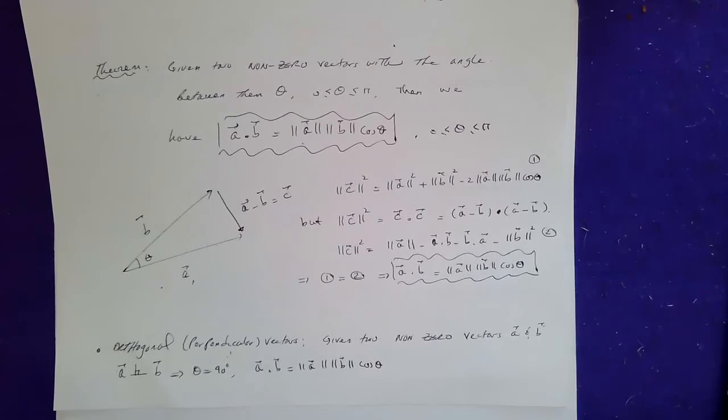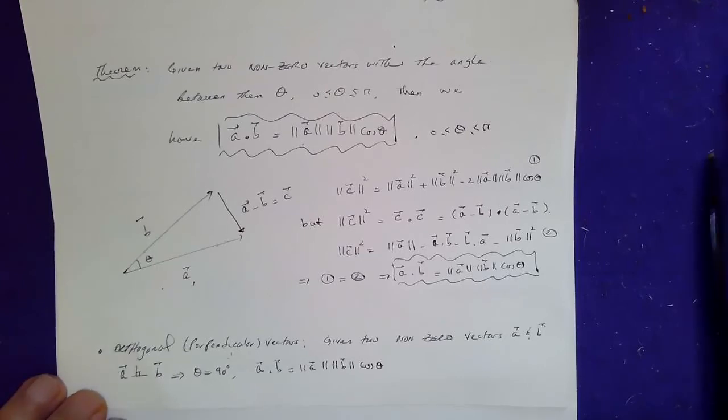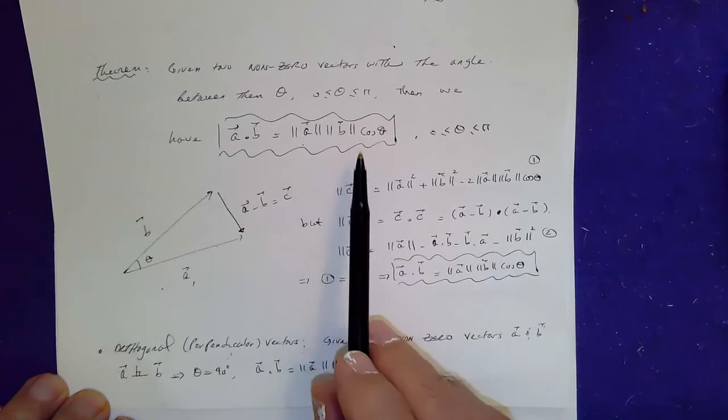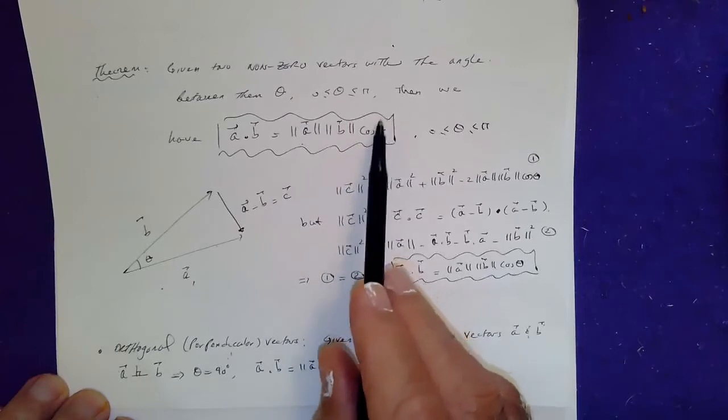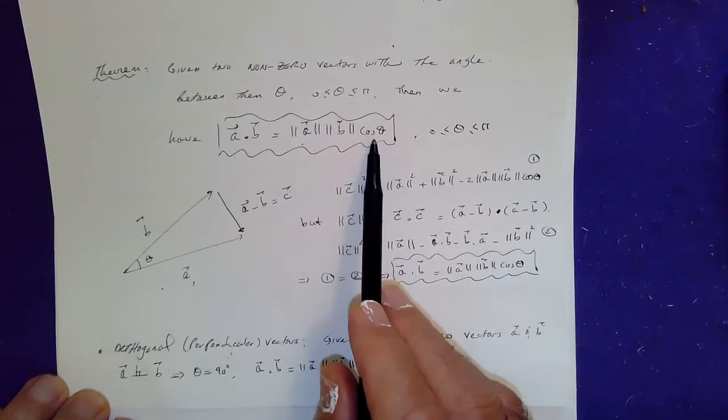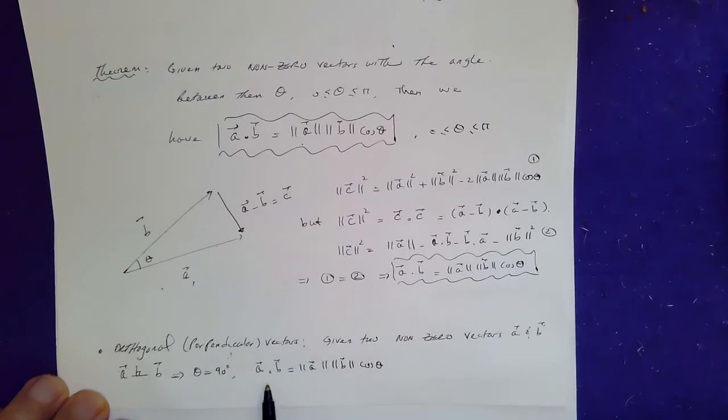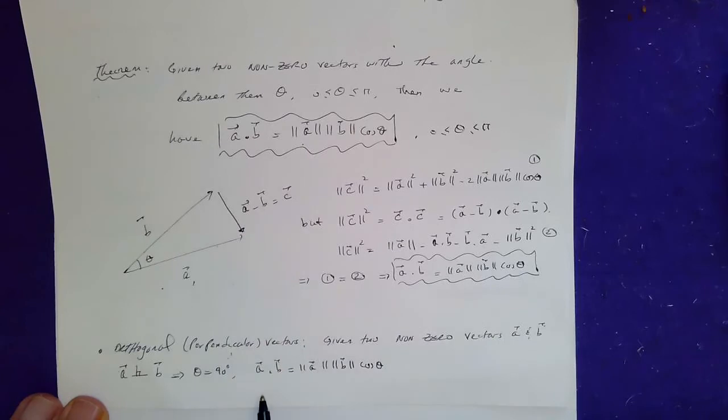You don't even know how they look because we don't have any geometric interpretation for them, meaning there are no pictures. Well, it turns out from this formula, if theta happens to be 90 degrees, the cosine of 90 is what? 0. So a dot b turns out to be what?